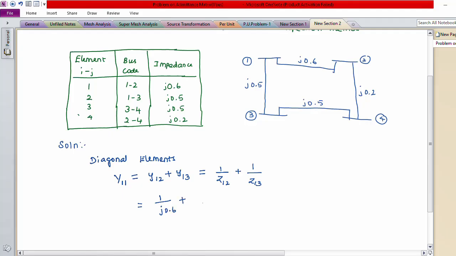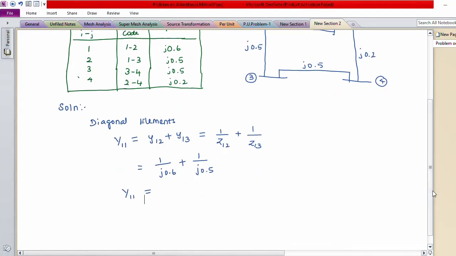Similarly for 13, J0.5. So 1 by J0.5. So if you simplify these numbers, we will get y11 is equal to minus J3.67. The unit of admittance is mho.